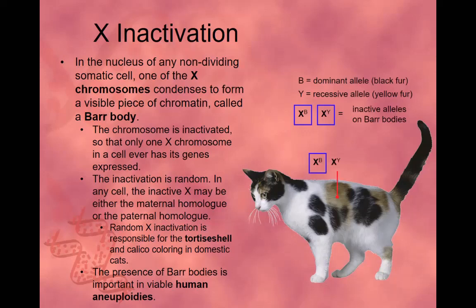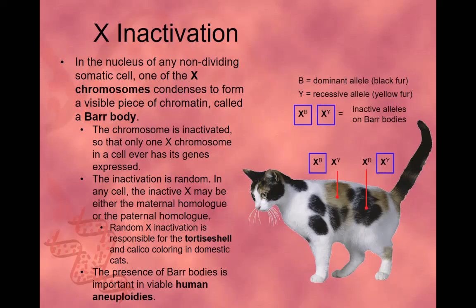So if we look at this particular instance where we have that little brownish yellow color, this is an area where we have an active X that has the y allele, and we have an inactive X with B, which has the dominant allele. So it's not going to show the dominant black.